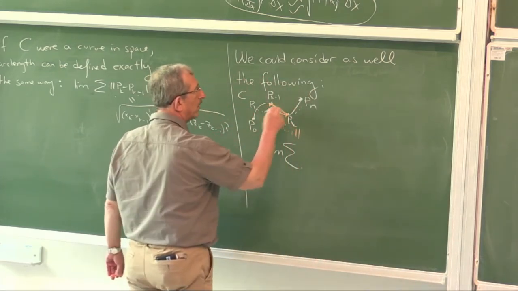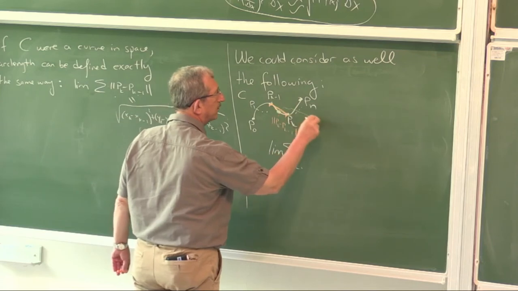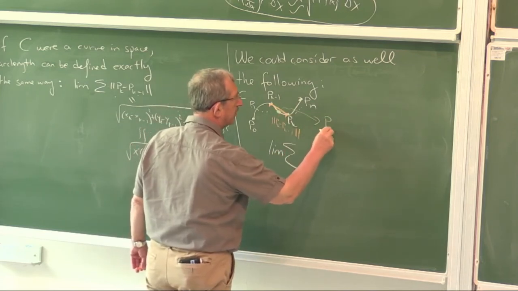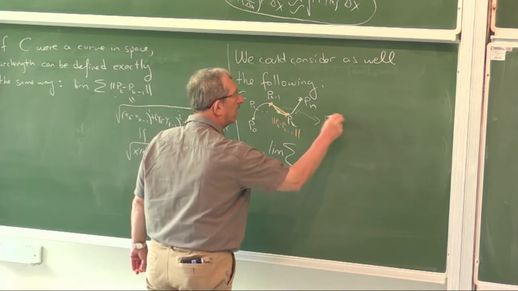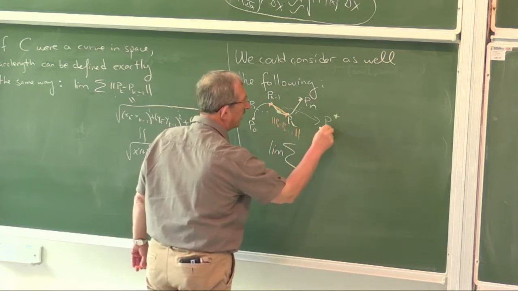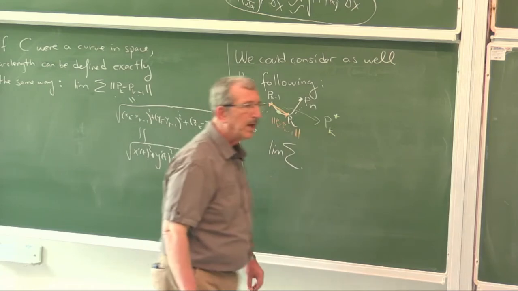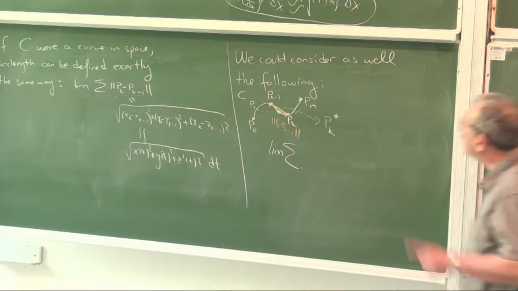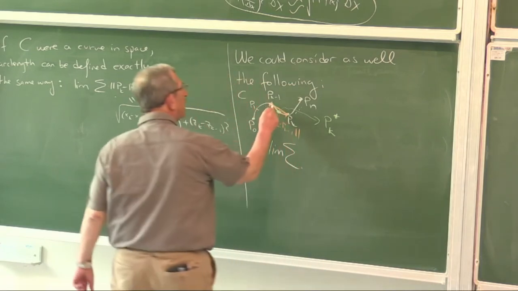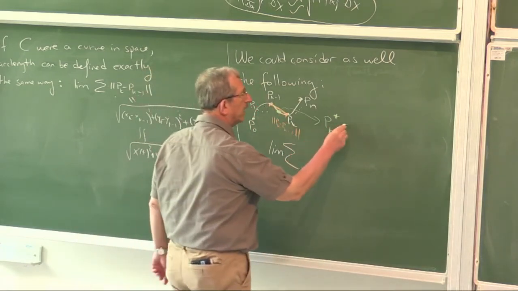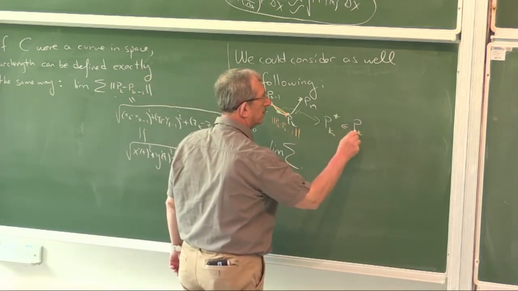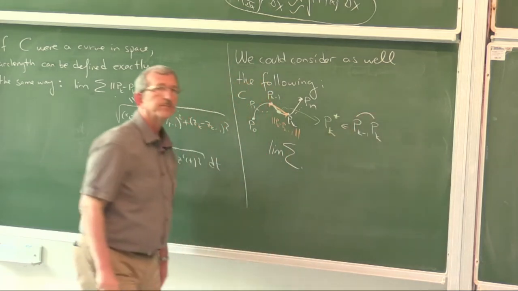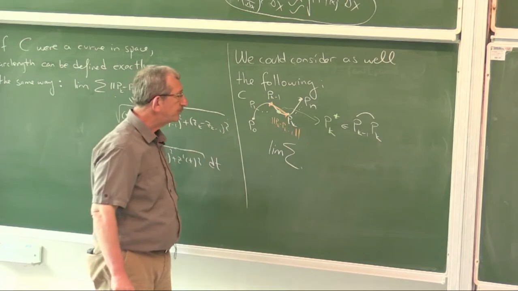Call this point P_k star. It's a point on the curve, in the arc from P_{k-1} up to P_k. It's an element of the arc.